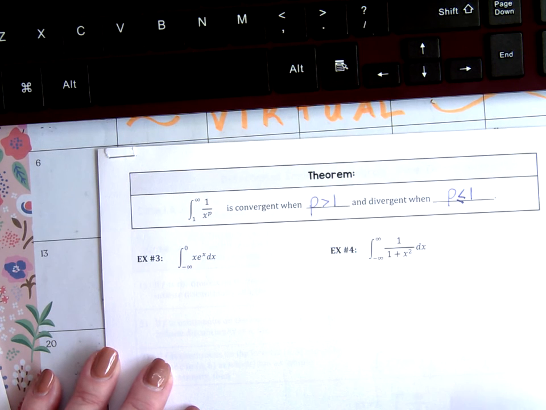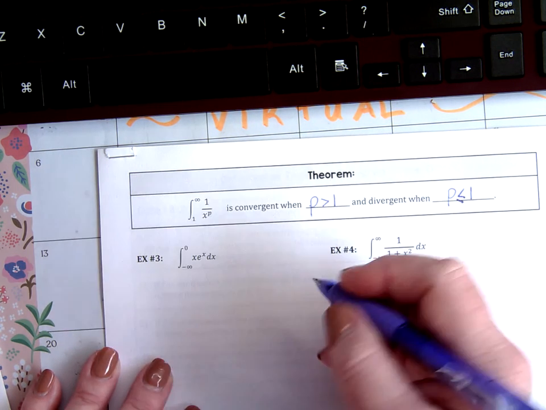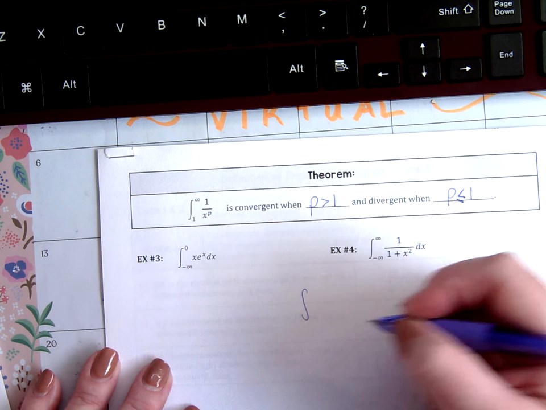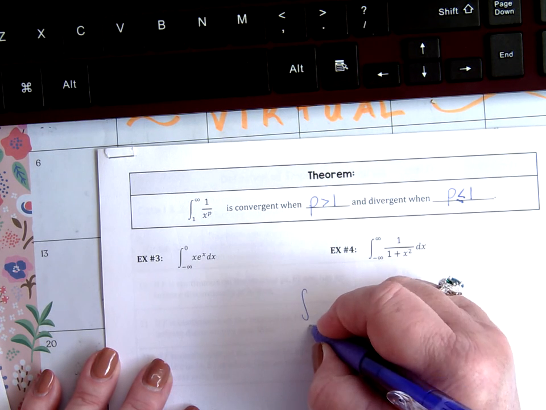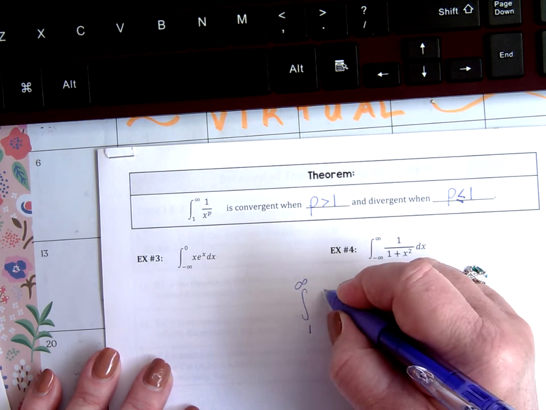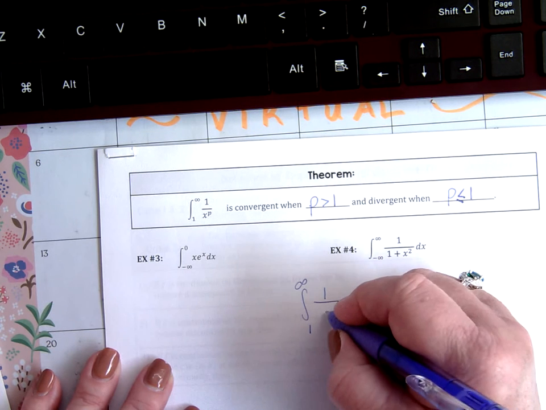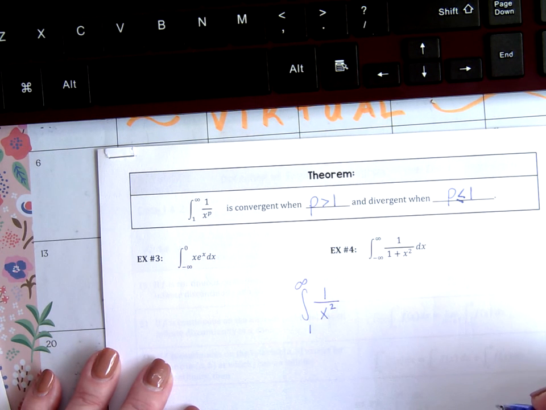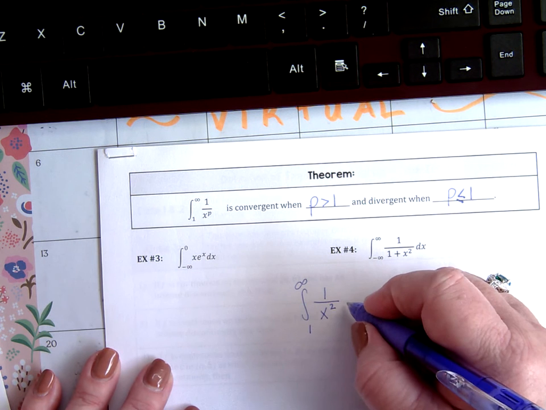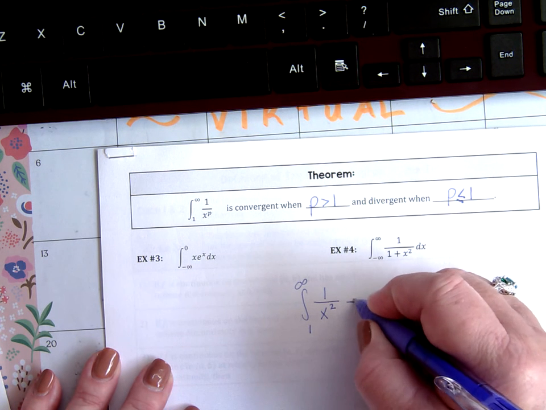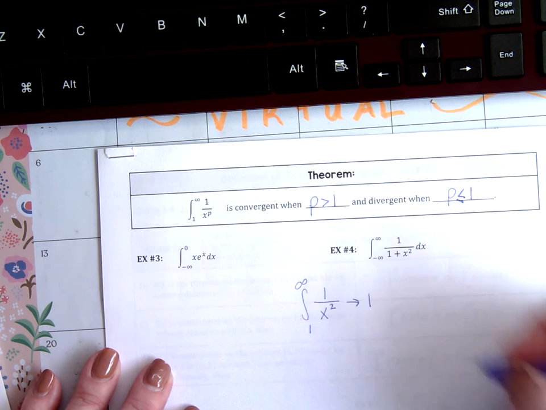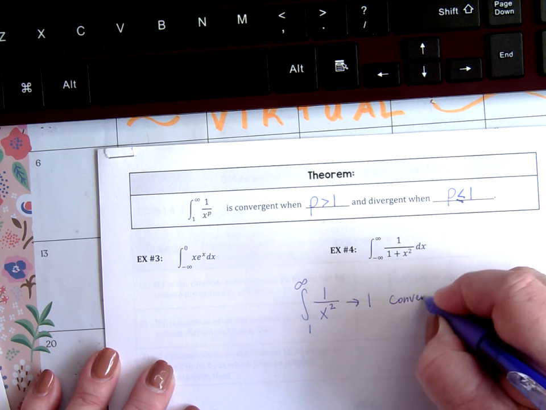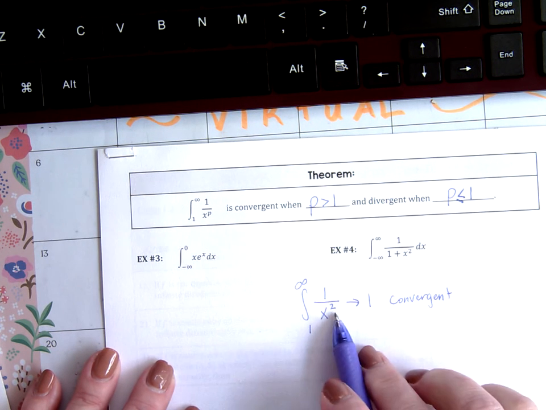So in other words, I'm just going to show you what they're talking about. It saves you some steps. If this is 1 over x to the second, like we did on the front page, that one we know came out to be 1. That's a convergent situation. Your p-value is 2, greater than 1, so it's convergent.